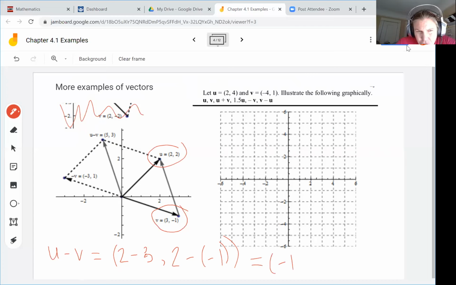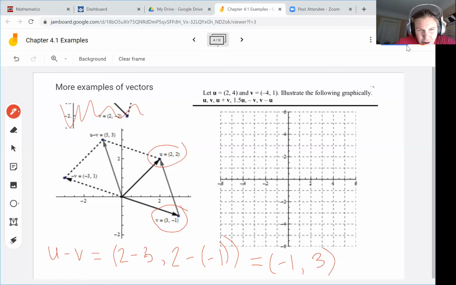So I'm not sure if either I made an algebra mistake or if this diagram has a mistake here. So 2 minus 3, yeah, that's -1. And then 2 minus -1 gives us 3 here.